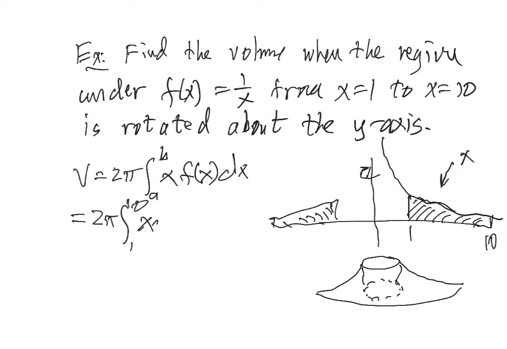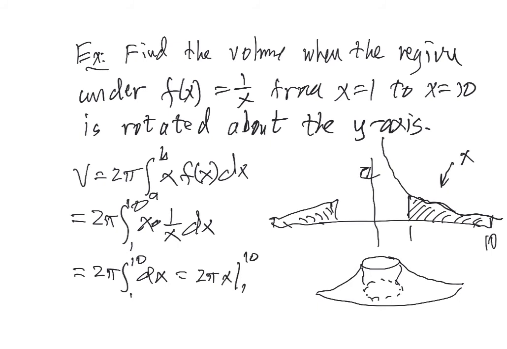And something amazing happens. The function is 1 over x, which just cancels the x. So we get 2 pi times the integral from 1 to 10 of the function 1. Well, that antiderivative is just x from 1 to 10. 10 minus 1 is 9, and so 18 pi is our answer. Units cubed, of course.